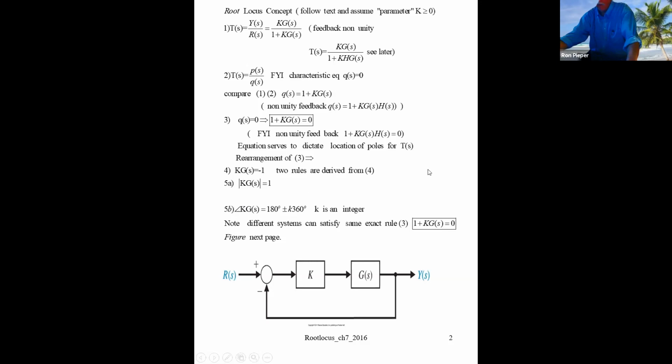If you look at the complex plane and go around, you get -1 when the angle is equal to 180. To keep it as general as possible, it didn't have to be 180. You could also add another 360 degrees and you come back around again, still on the negative real axis. So you can have that as long as k is an integer.